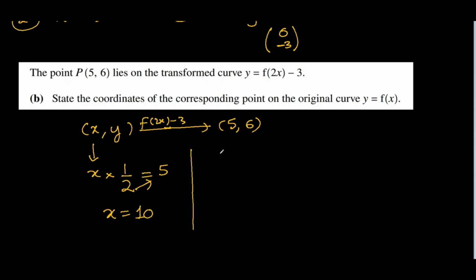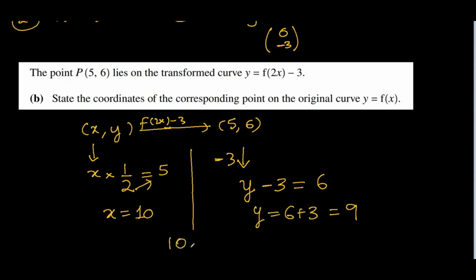We know there is a translation of minus 3 in the downward direction, right? So whatever was the value, we subtracted 3 from it and we got a new y coordinate, which is 6. So y becomes 6 plus 3, which is 9. So the original point was 10, 9, the combination of the two.